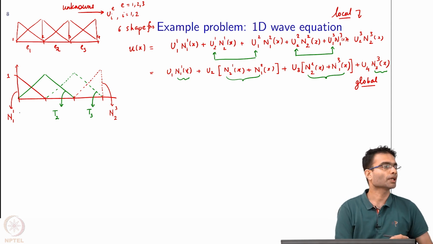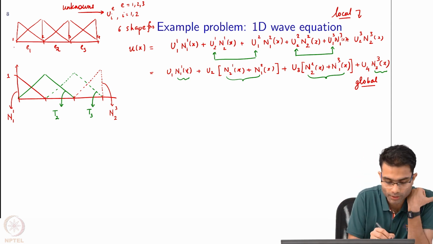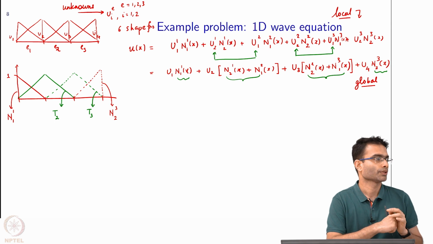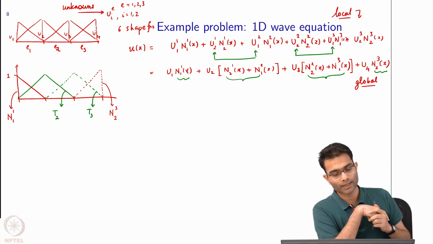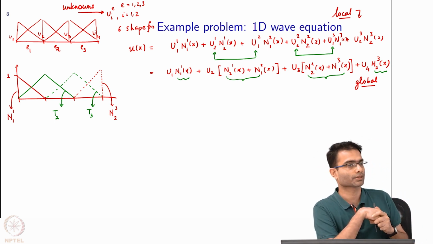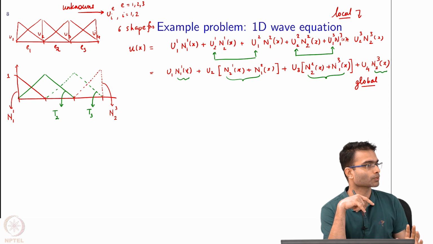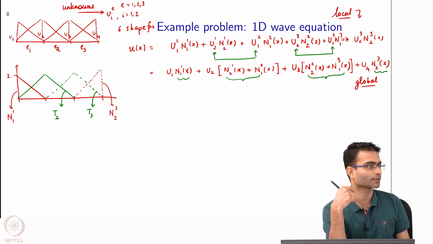So, how many unknowns did I have in the overall problem? U1, U2, U3, U4. The reason for this combination is that I have 6 shape functions. If I do my testing with all 6 shape functions, I will get 6 equations, but there are only 4 variables.